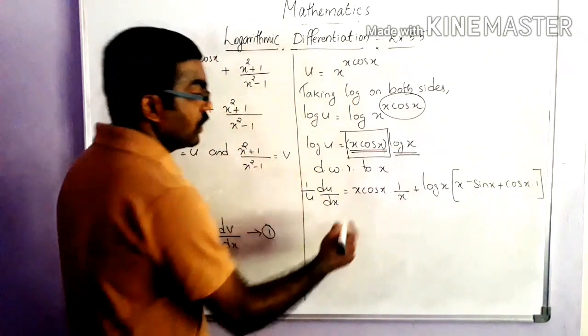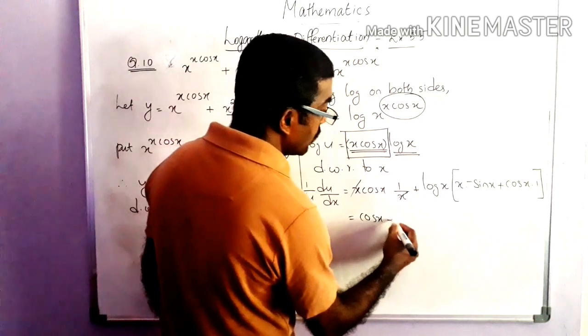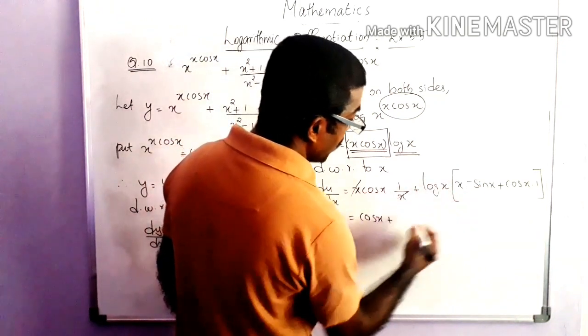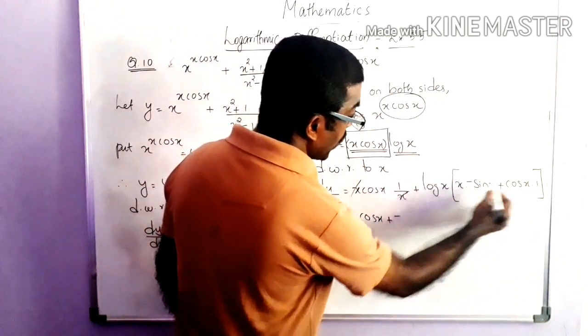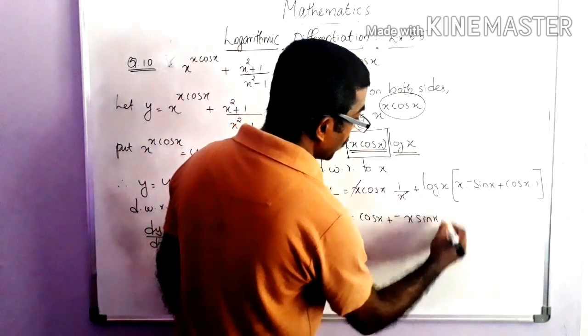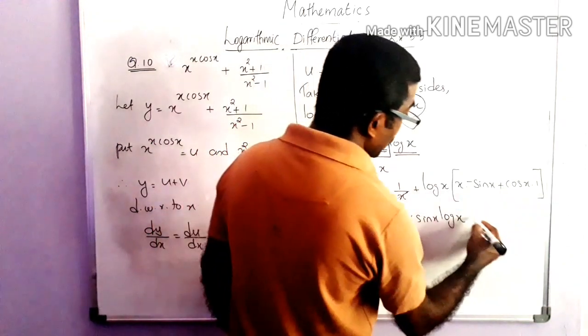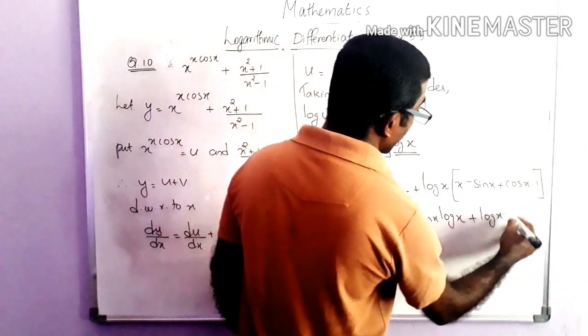Clear? This x and x cancel, that is cos x plus into minus minus log x into sin x, that we can write as x sin x log x, and again log x into cos x, that is plus log x cos x.